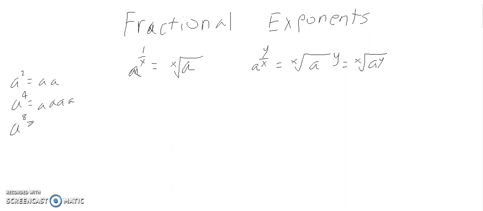A to the 8 is 8 a's: 1, 2, 3, 4, 5, 6, 7, 8. My a's are getting pretty good. So, we all know that when you square root this, we get just a. So, another way of writing that is a to the 1, because that's just 1a.